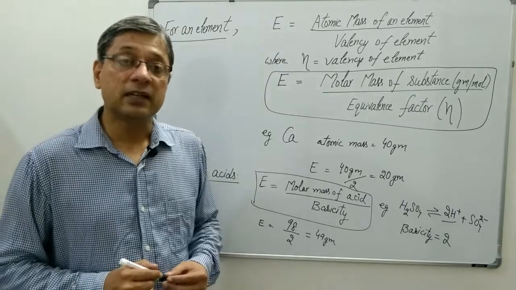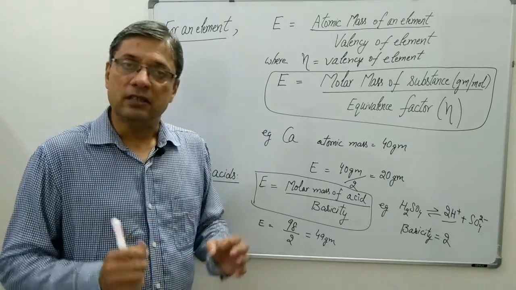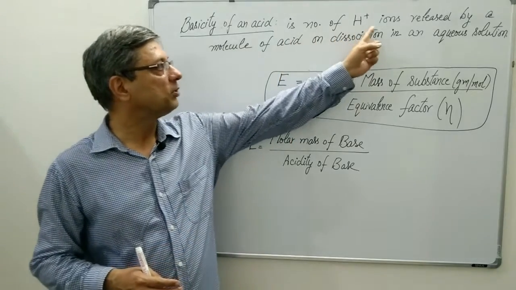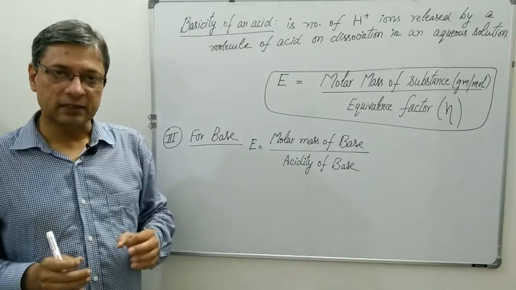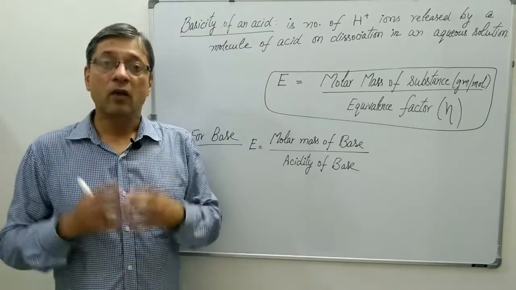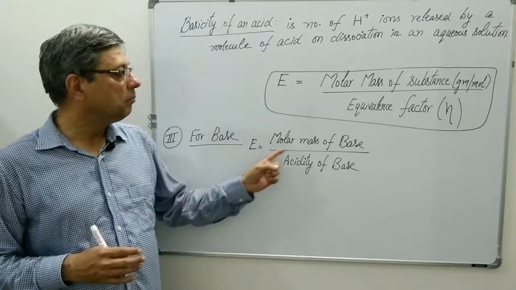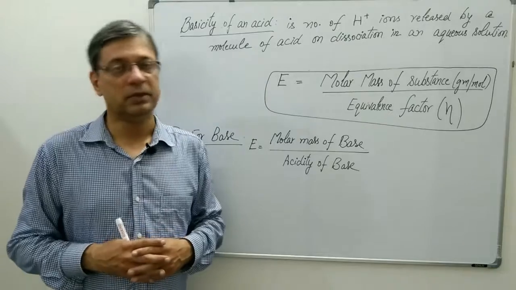Next we take the case of a substance which is a base. Basicity of an acid is the number of H positive ions released by a molecule of acid on dissociation in an aqueous solution. For calculating the equivalent mass of a base, the formula will be molar mass of the base upon acidity of the given base.